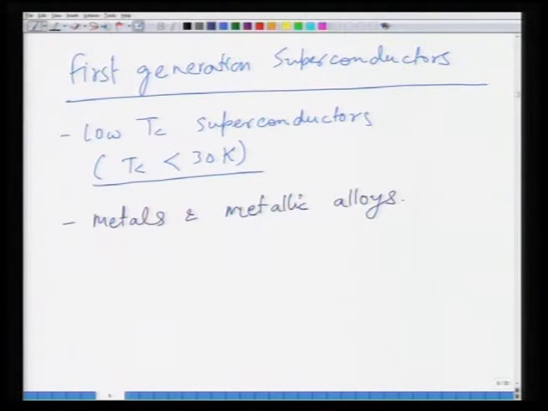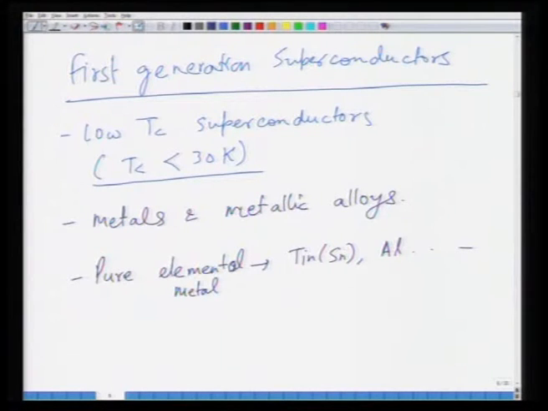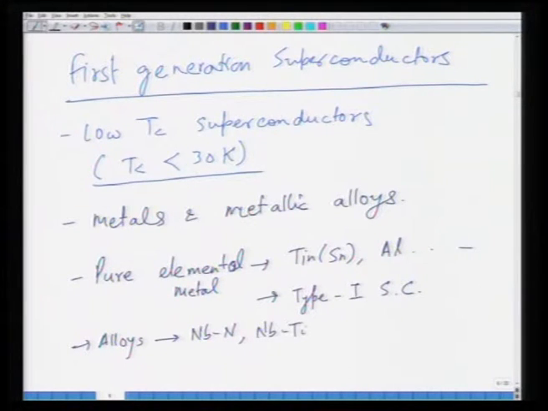and even in this there was a distinction. Pure elements such as tin or aluminum, or mercury, these all pure elemental metals, were called type 1 superconductors, while the alloys such as niobium nitride, niobium titanium alloys, niobium germanium alloys, and a variety of other alloys, were called type 2 superconductors.